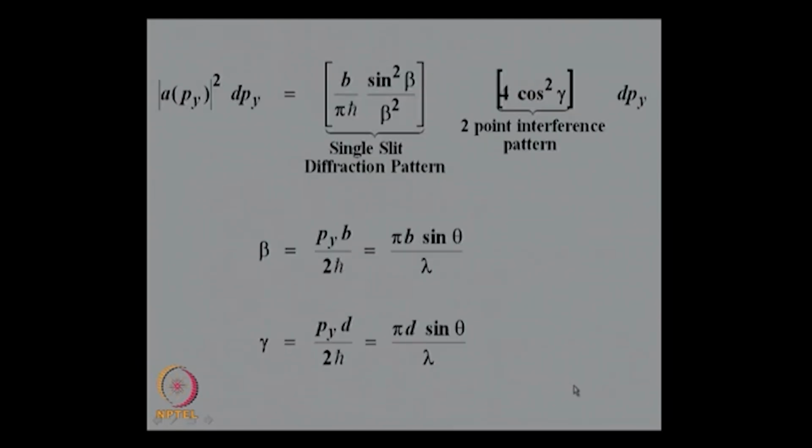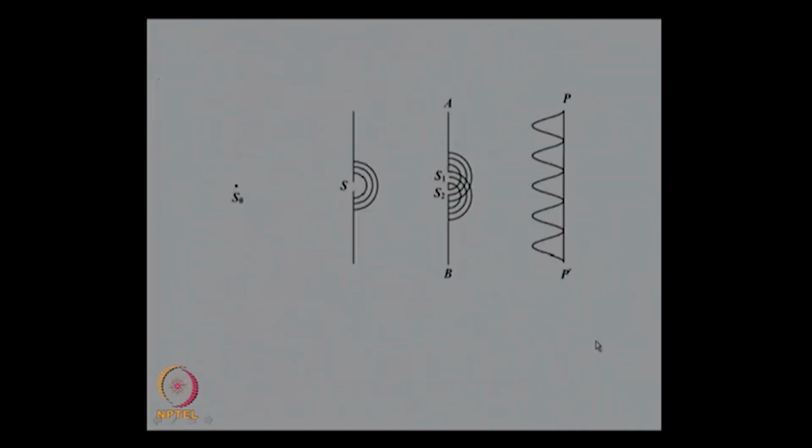If you carry that out and square it, the probability of the y component of the momentum lying between p y and p y plus d p y is the product of the single slit diffraction pattern and the 2-point interference pattern, where beta is equal to pi b sin theta by lambda, and this is the interference pattern produced by 2-point sources separated by a distance d.